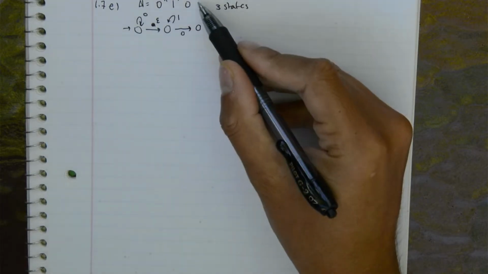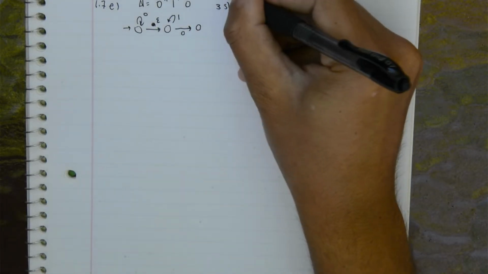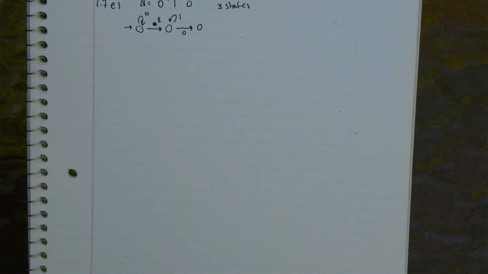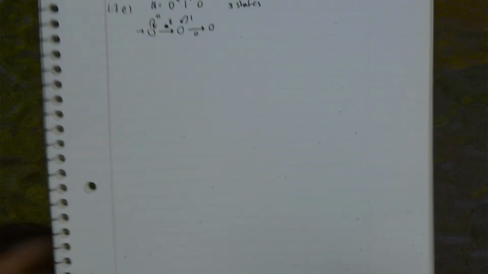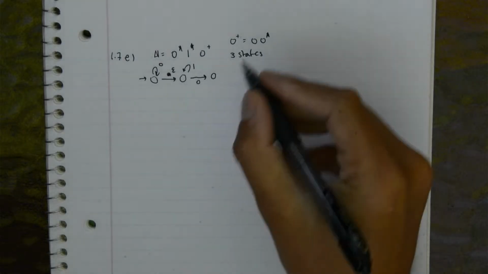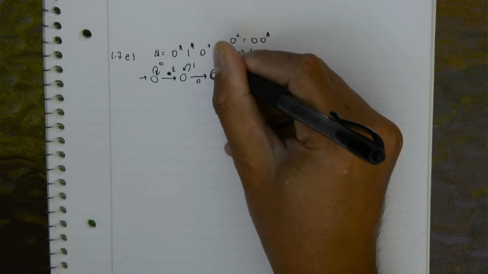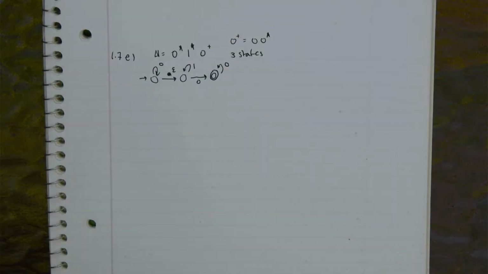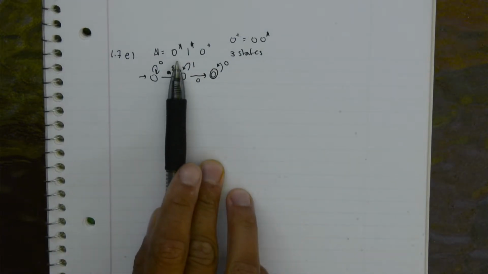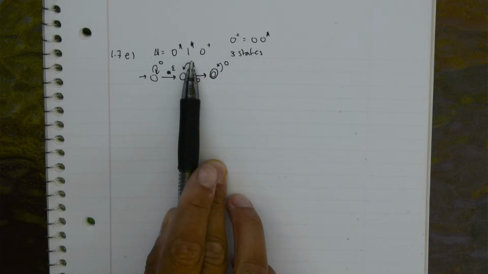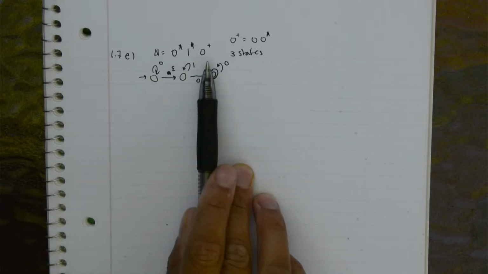Because this 0 plus is equal to 0, 0 star. So, oops, can't really see that. Okay, so this is the accept state, and you can have a 0 here. This language says that you can have 0 or more 0s, then 0 or more 1s, and then 1 or more 0s.